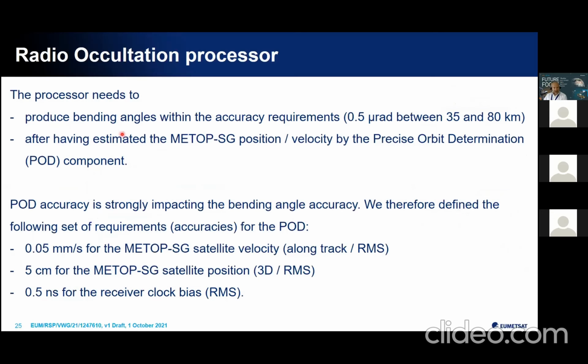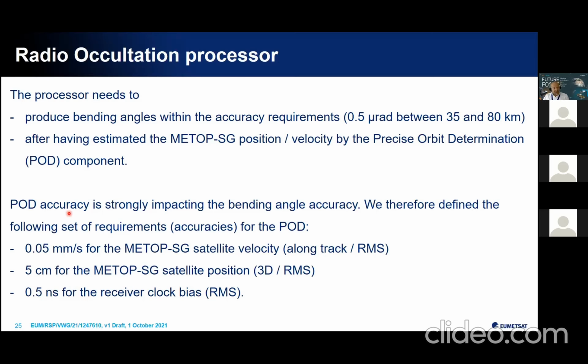I would also like to mention that in order for our processor to produce the bending angle with a certain accuracy requirement, this famous 0.5 microrad between 35 and 80 kilometers, we need to take care to have a good precise orbit determination of the LEO satellite, as mentioned by Christian before.